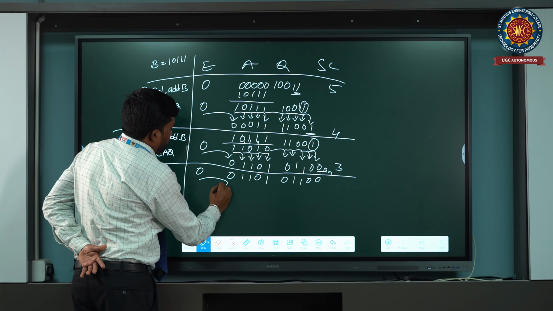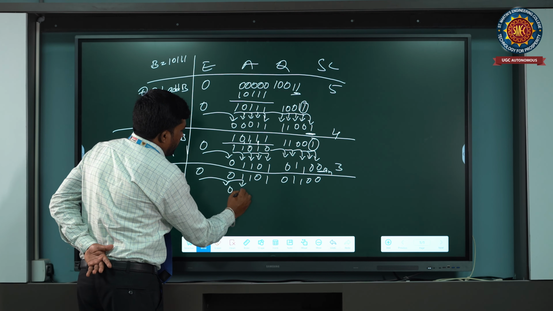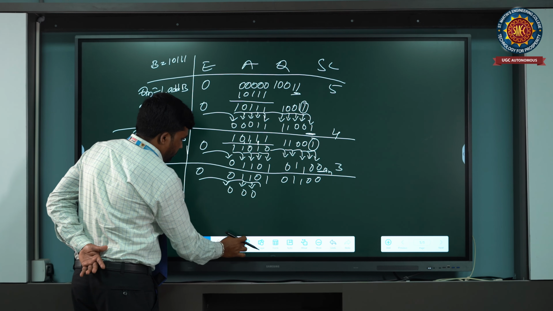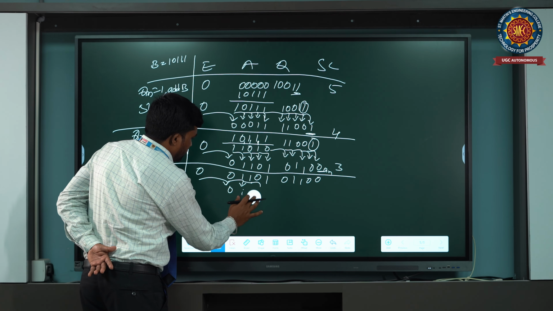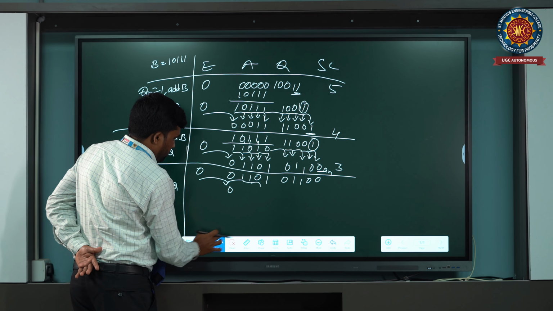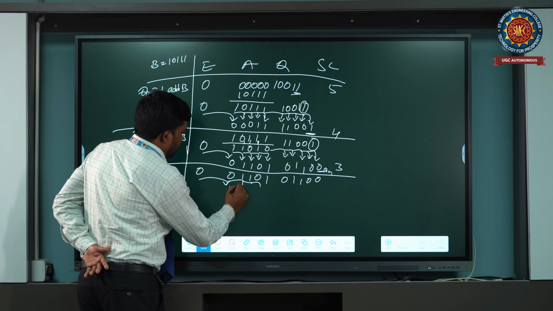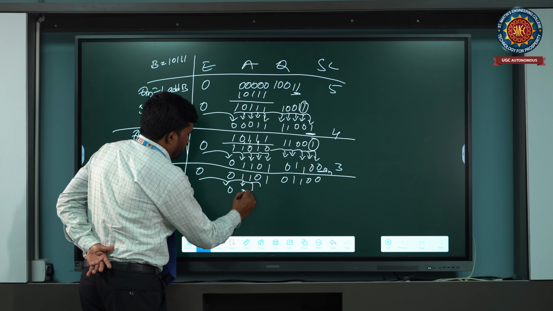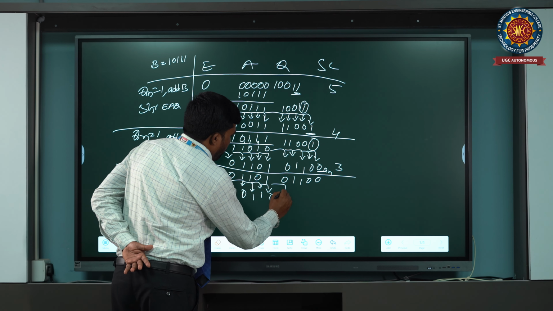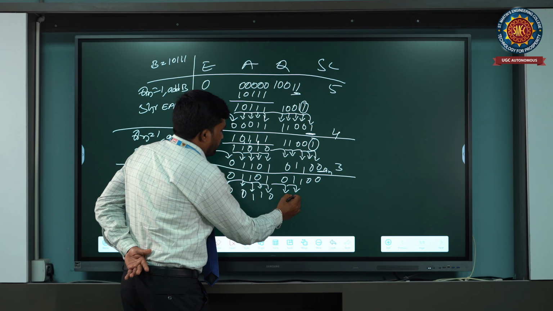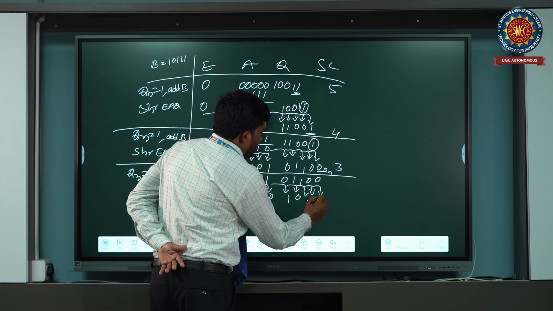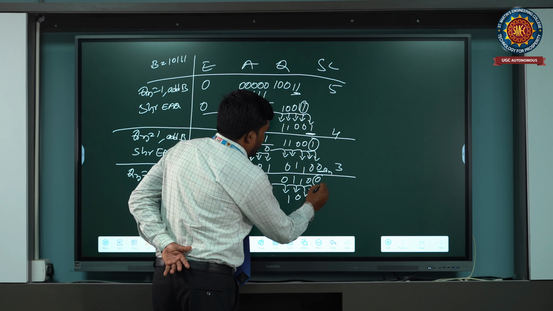Now we do the shift EAQ. This 0 shifts to here, this 0 shifts to here, and this 1 shifts to here, this 1 shifts to here, 0 1 0, 1 1 and 0. This last 0 will be discarded.